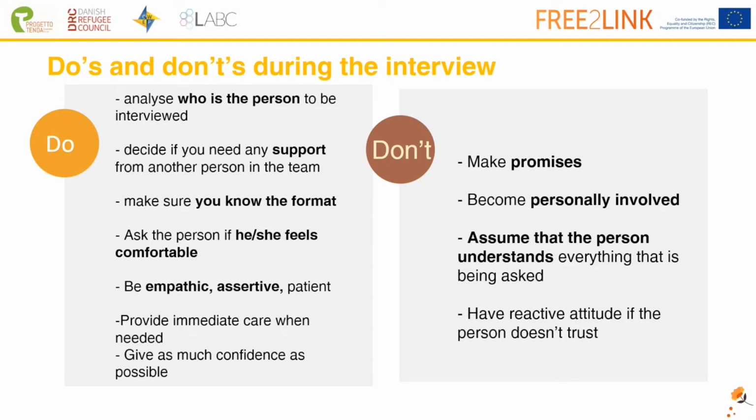So sometimes the person might show signs of distress, which is completely understood. Might also show signs of mistrust. Therefore, you really need to be very tolerant and patient, show empathy, and be able to understand and reassure the person you have in front of you.